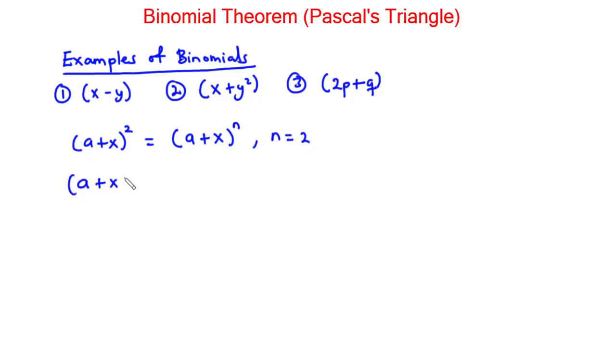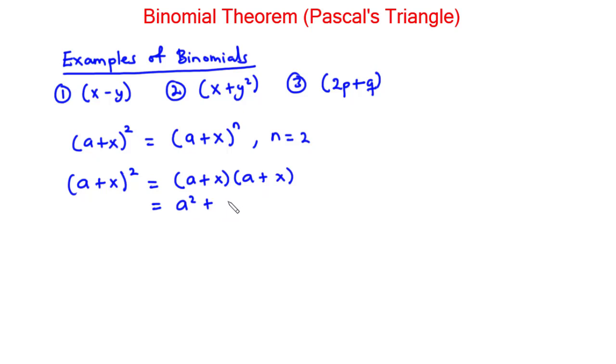A plus x raised to the power 2. Now in expanding this binomial, you realize that because it has the power of 2, you are going to multiply a plus x by itself. So you have a plus x times a plus x. Now let's expand. A times a is a squared.